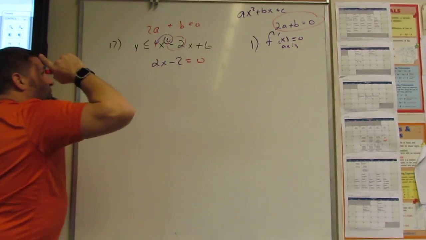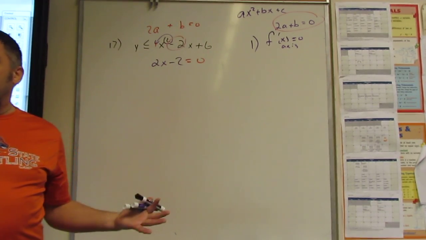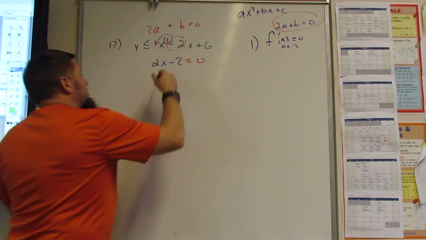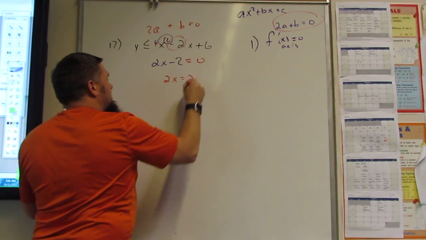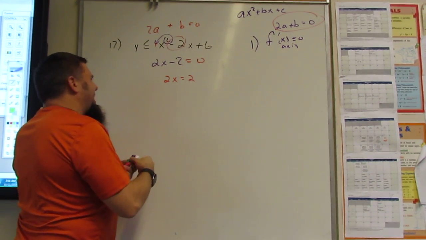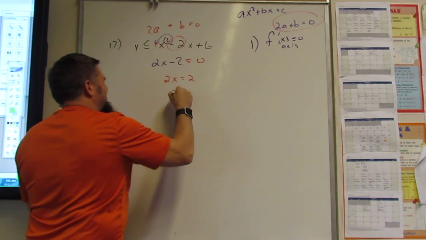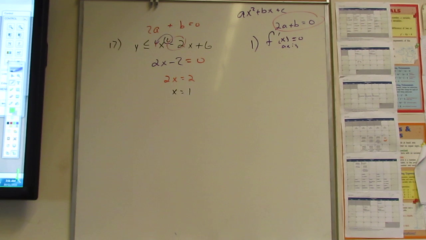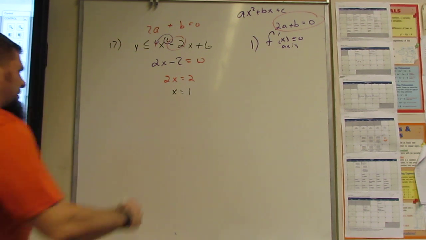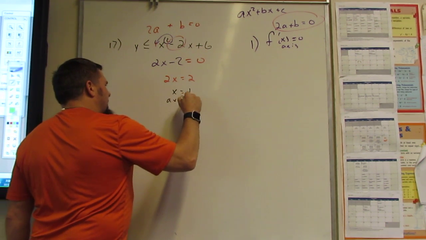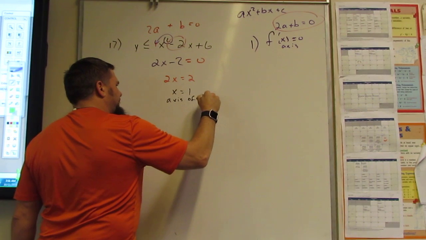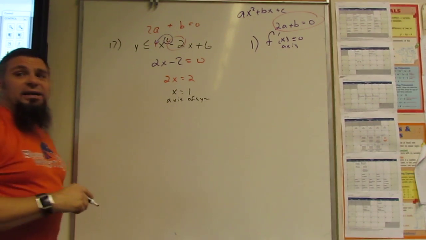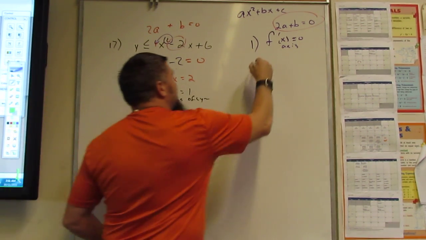So that's your first step to find the axis of symmetry. And so I've got 2x is equal to 2. And by now, I shouldn't have to do the extra steps. x equal to 1. We should be at this point. Everybody sees how we get there. Okay? Axis of symmetry.